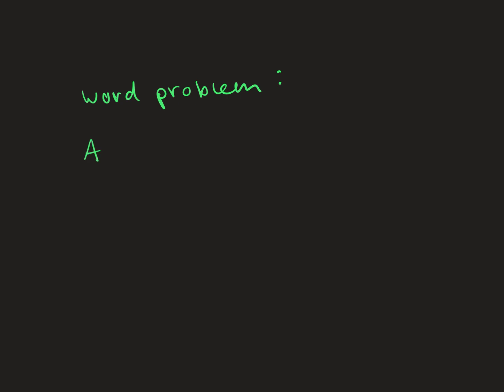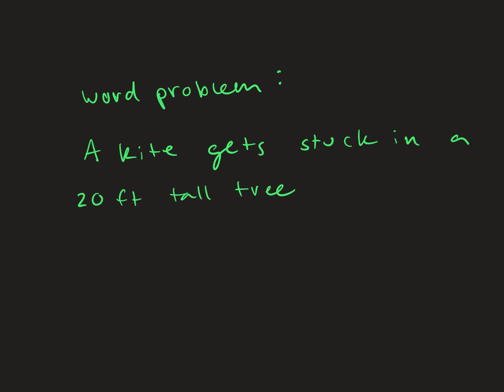So let's say a kite gets stuck in a tree. A kite gets stuck in a 20-foot tall tree. And the angle that the string of the kite makes with the ground is, we'll say 25 degrees.